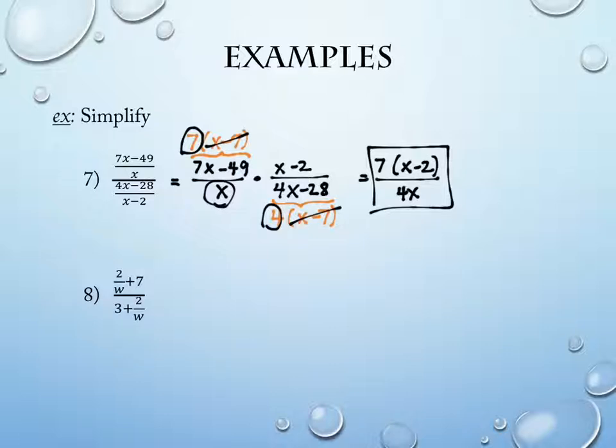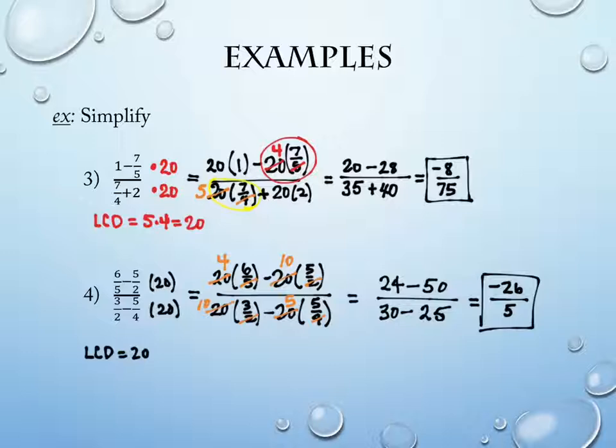Right? I've got a portion of a fraction and something else on top, and I've got something and a portion of a fraction on bottom. So this question will work out much more like 3 and 4 than it does like the other ones where there's a fraction and a fraction.